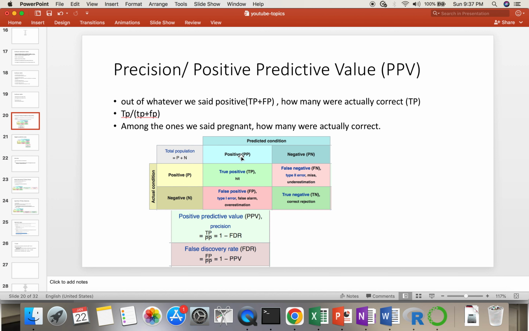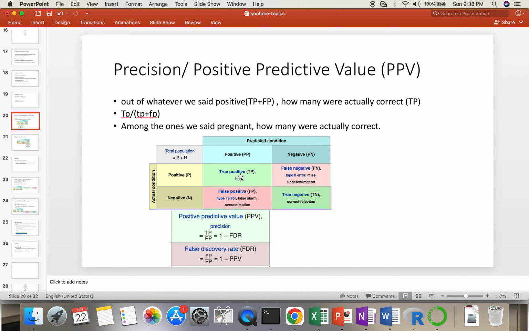So positive predictive value, also called precision, is out of whatever we predicted positive, what are actually correct: true positives. So among the ones we predicted as pregnant, how many were actually correct? That is an example of the precision metric.